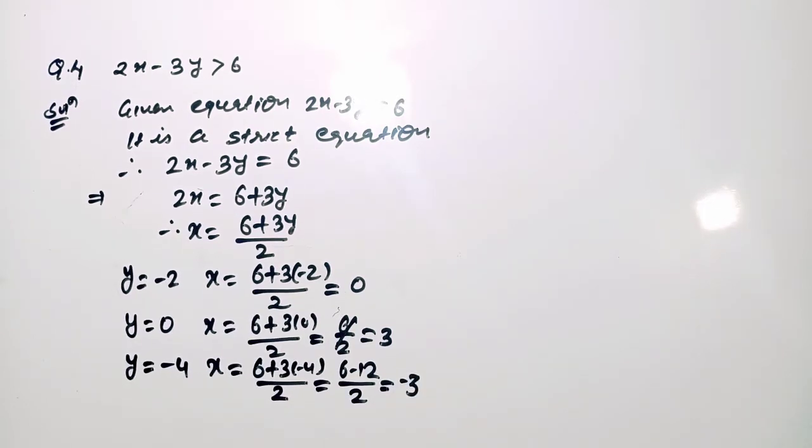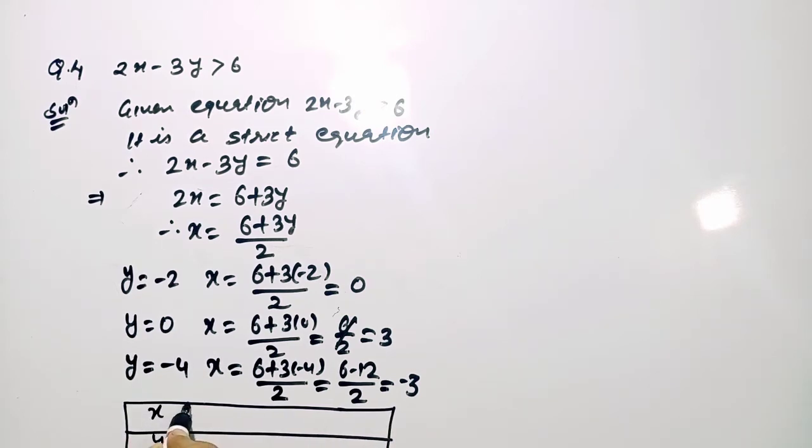Now we will tabulate these points. So drawing the table over here, with the points of x and y, we will write x is 0, y is minus 2, x is 3, y is 0, x is minus 3, and y is minus 4, right student?